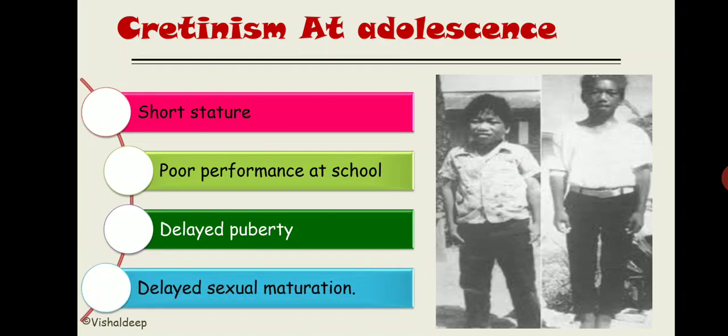Let's discuss myxedema. What happens in myxedema? See, this upper diagram is the universal figure of myxedema. Most of the time, in most books, this figure is used. This very figure is also used in spotting in our exam.